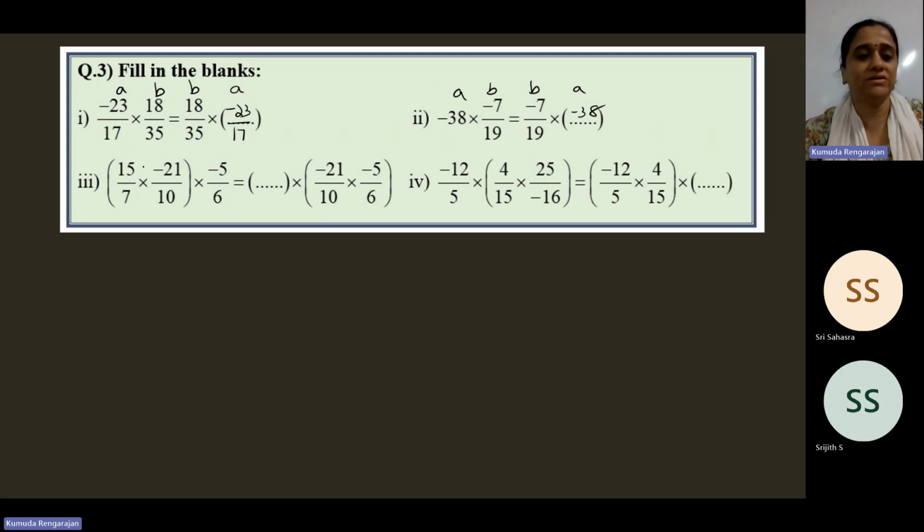Again, commutative property. Associative property. Associative property of multiplication of rational numbers, because there are three numbers, association.